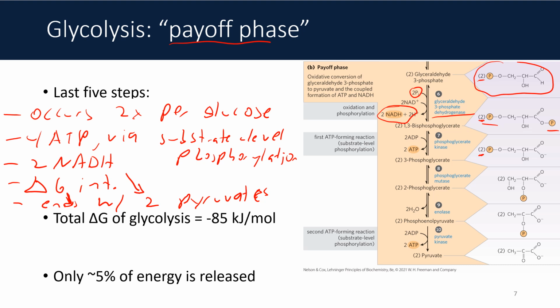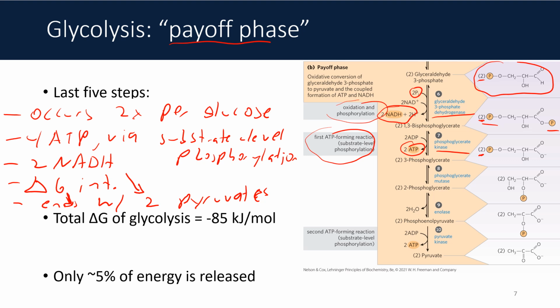The next step is catalyzed by phosphoglycerate kinase, and this is an example of our first ATP forming reaction. We phosphorylated and oxidized in the previous step. Now we're going to cash in one of those phosphates on each bisphosphoglycerate, giving us 2 ATP.